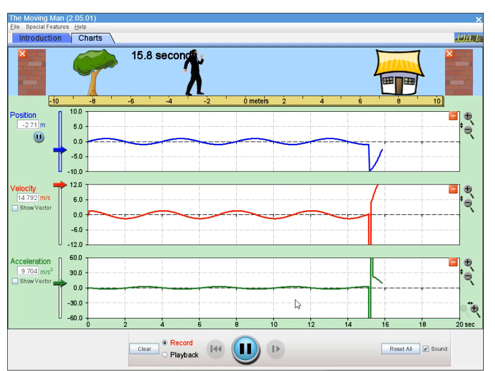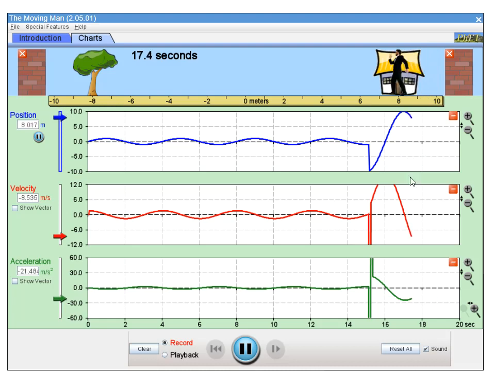Anyway, he should go up and turn around if that is programmed right, so that he'll come up to a peak and then come down to 0, except he's going to narrowly miss the wall because the amplitude is 10, and then he comes down.